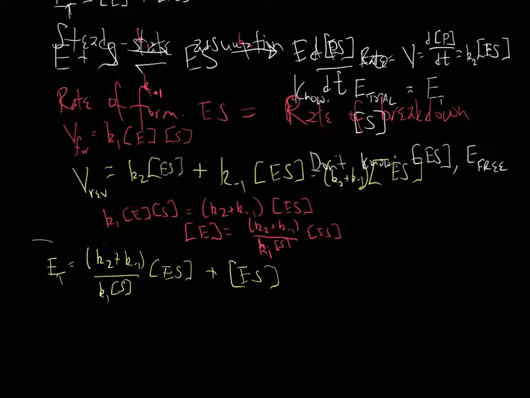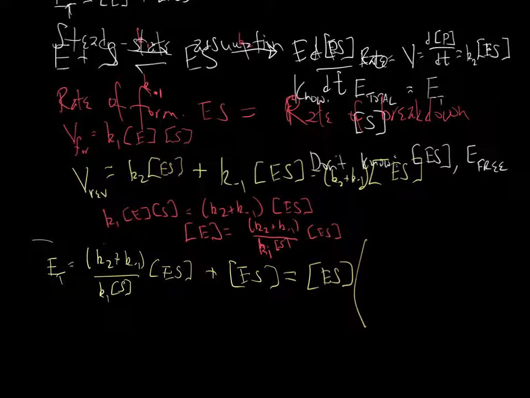Okay, so now we can actually simplify this, even though it may not look like it's going to be simplifiable. Simplify, that is a word, right? Simplifiable. It just sounds kind of funky. We can pull out ES. So E total is equal to the concentration of ES times all of that plus 1.